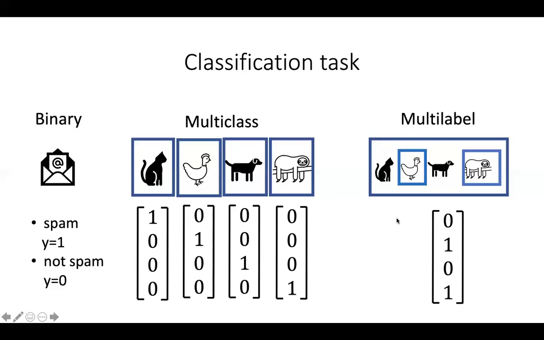If you have a task where, for example, you have an image, and on the image you can have either all animals or none of them or different combinations, it's multi-class, multi-label, to be more precise. The idea is the same, to use one-hot encoding, but now we can have several positive classes here.